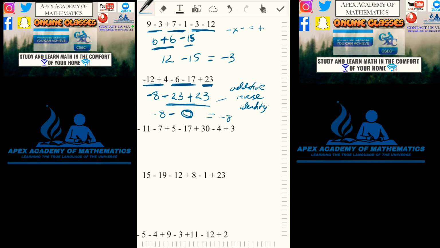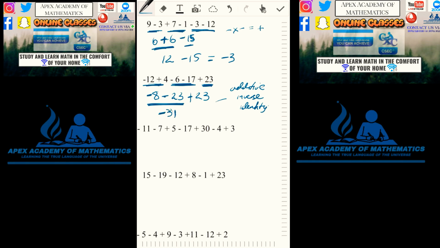But not everybody will see the additive inverse identity, because what I want you to do here is to stick to a principle until your fundamental is sound. So I would not advise that at that stage. I would still expect you to group into 2's from left to right. So here, minus 8 minus 23, I'm going to simply owe minus 31.